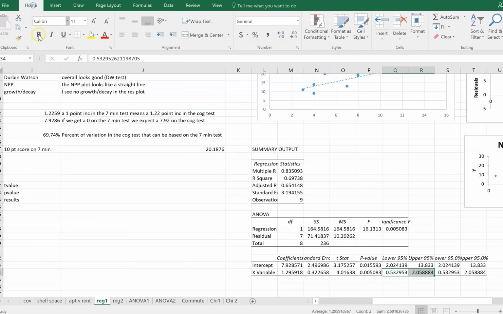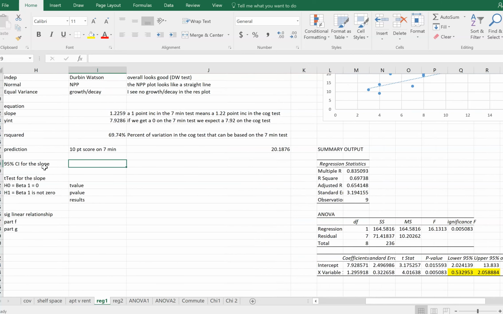Let me go to the home menu so I can highlight it. And I can look at potential lower bounds and upper bounds on the true slope. So I believe that's this question right here. Yep. And so what I have is a 0.53 to a 2.06 window where the true slope lies.